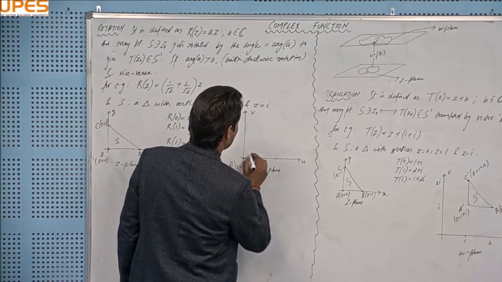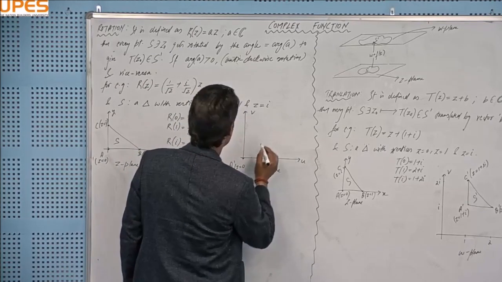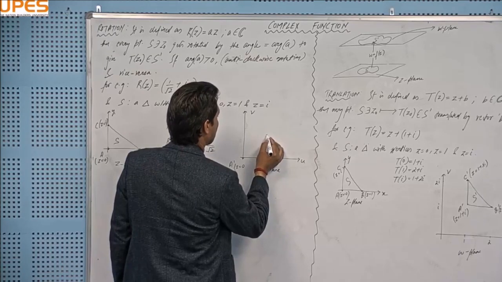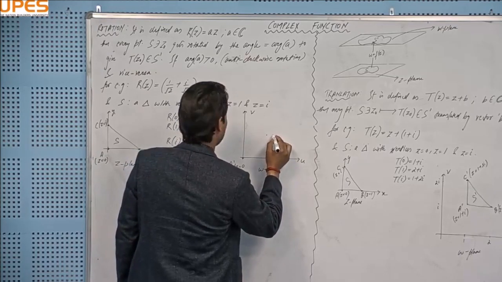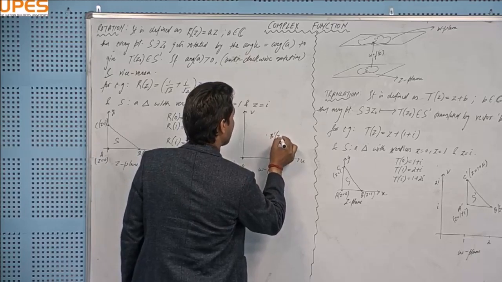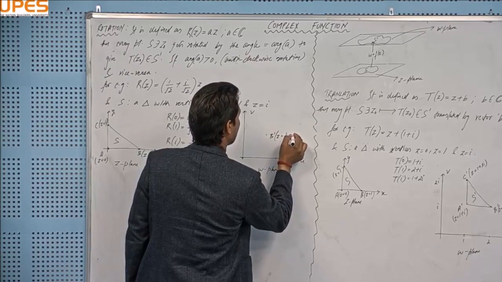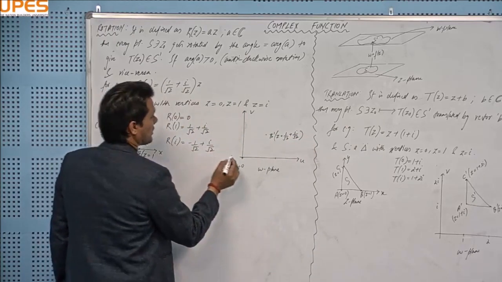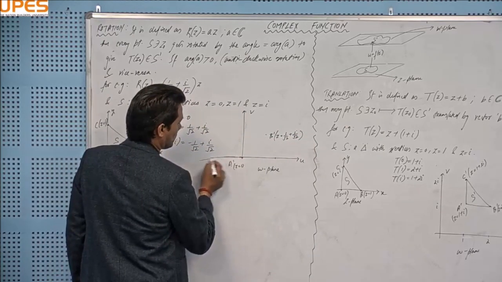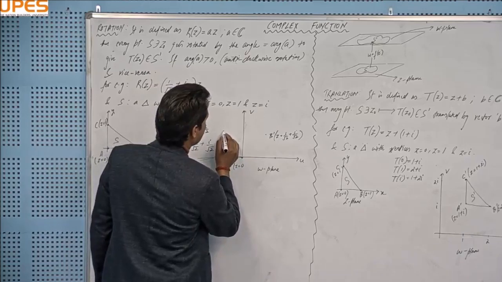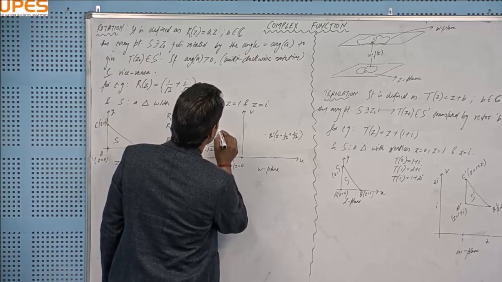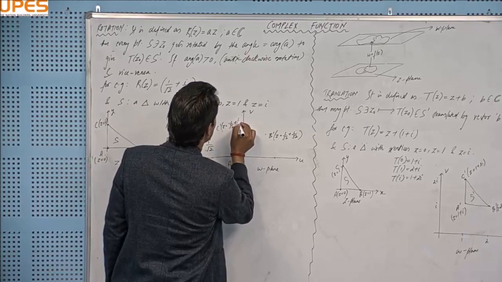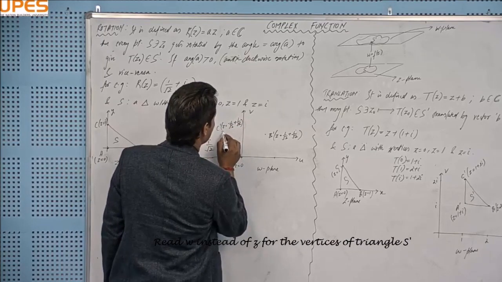So something like here, suppose it is here, B dash, z equal to 1 by root 2 plus iota by root 2, and another point, minus 1 by root 2 plus iota by root 2, it will be here, C dash.